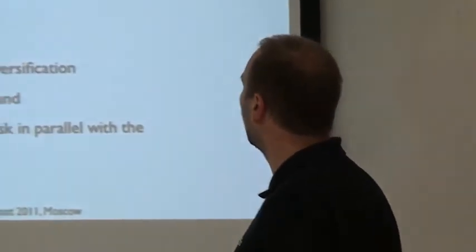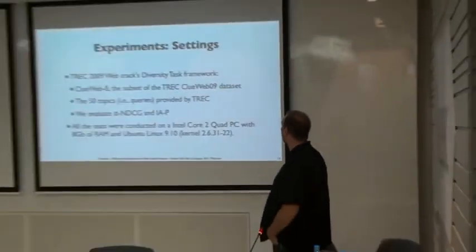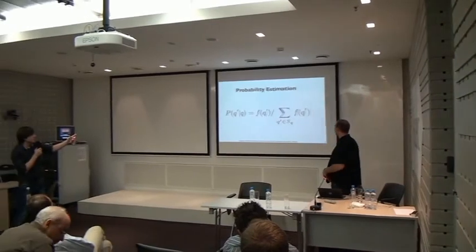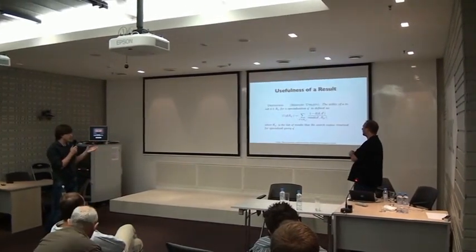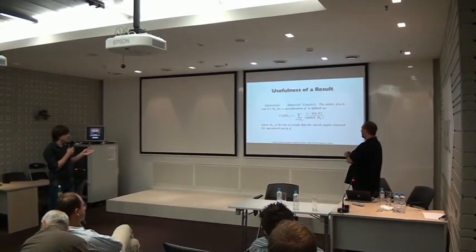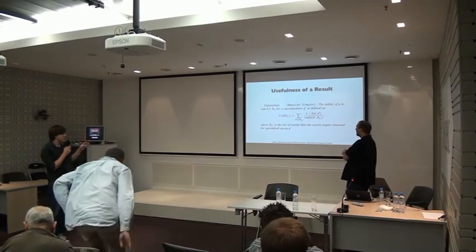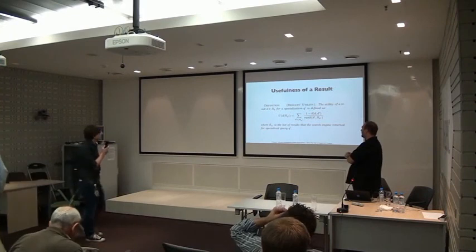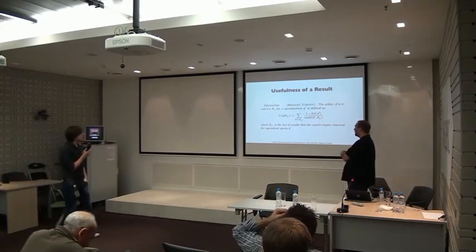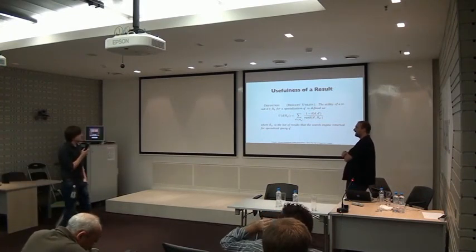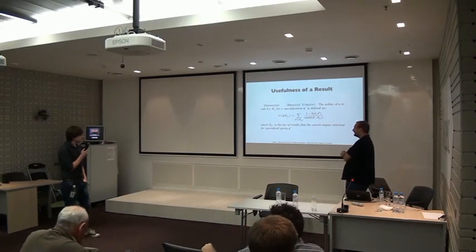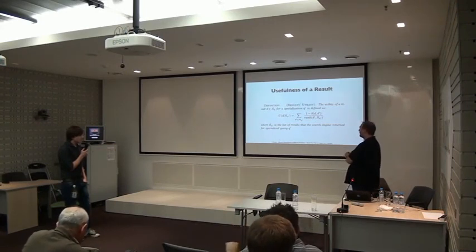We ran the experiment on the ClueWeb B subset of the ClueWeb09 collection. We took the 50 topics provided by TREC in 2009. We evaluated alpha-nDCG and IA-P. This is the hardware on which we performed the computation.